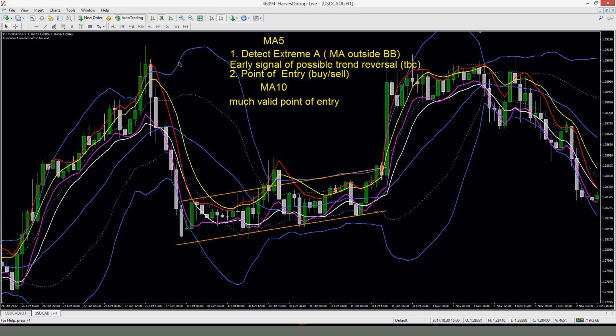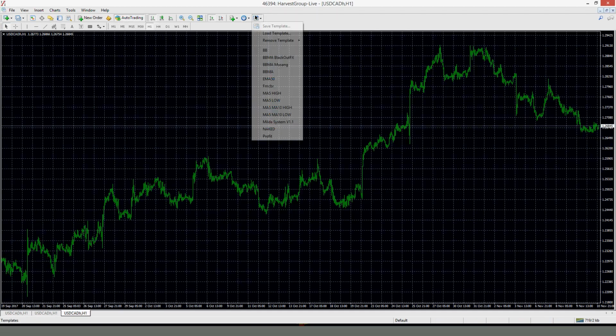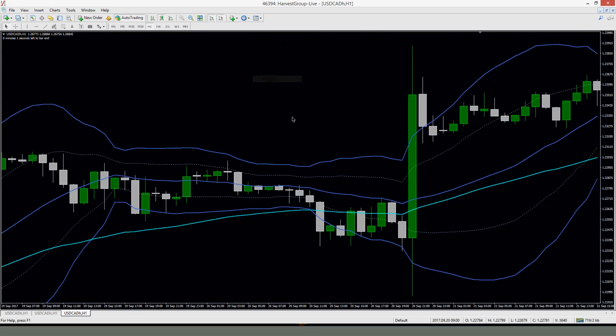Okay, so that is very important for you to understand. So I think that's the moving averages. So let me just open another one so I can use this chart later on. Okay, so let's talk about MA50.